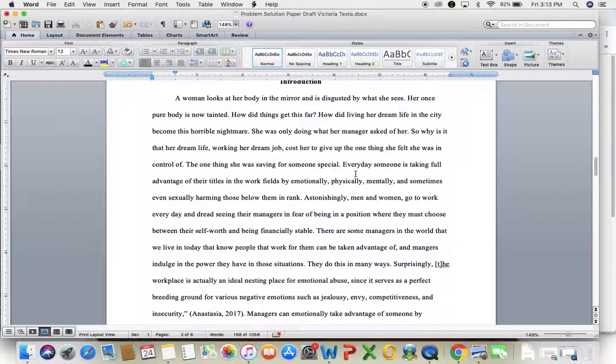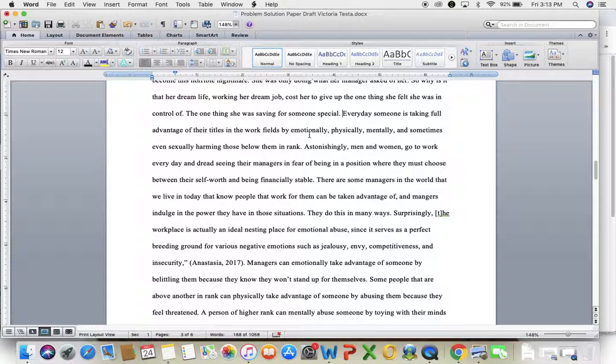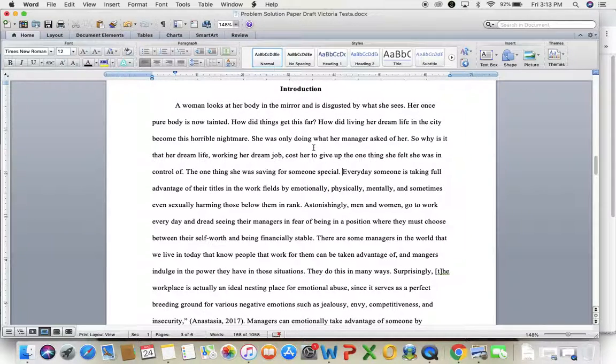So you can eliminate that sentence. What you want to do in the introduction is define the problem as well. The introduction should be an introduction to the problem, providing evidence of the problem to corroborate that it is in fact a problem, and then having a thesis statement where you say, this is a problem that needs a solution, or a potential solution for this problem is blankety blank, right?